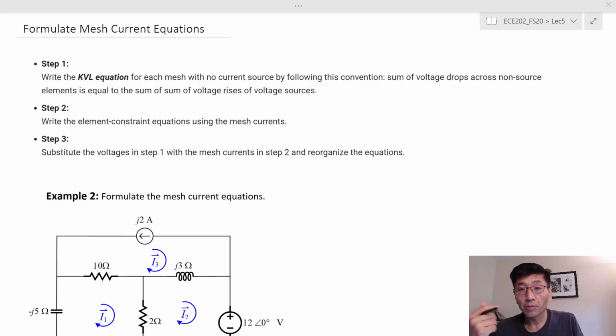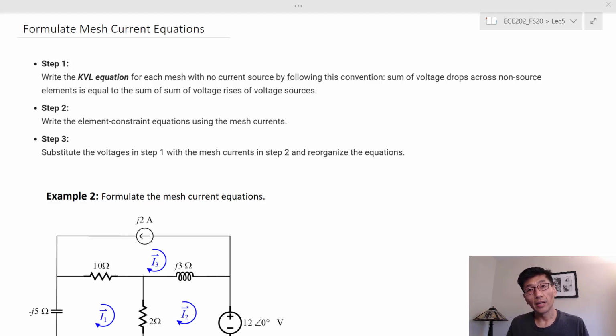And the way we write these equations is we use the voltage drops across non-source elements. The sum of these would be equal to the voltage rise of the voltage sources in this mesh, right? And then the second step is we write the element constraints so that we can associate the voltage of each element with the mesh currents.